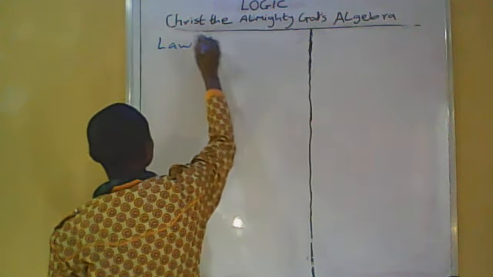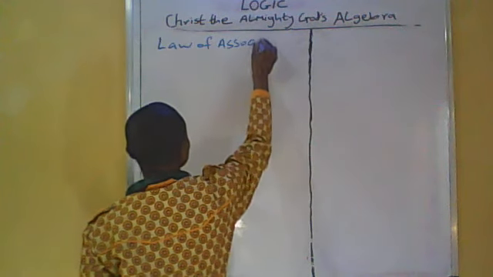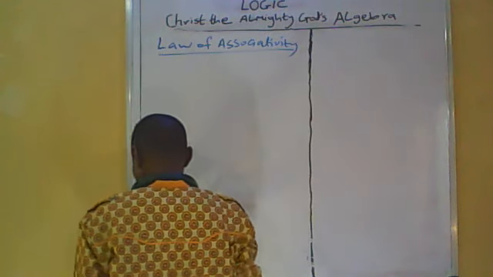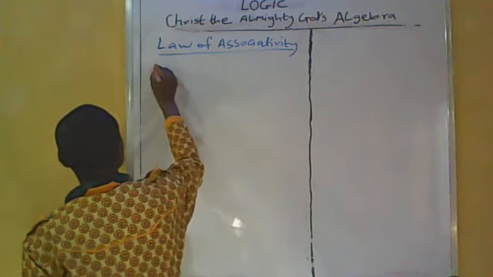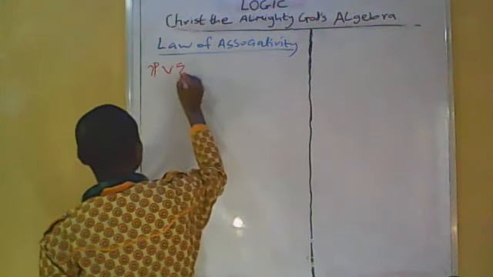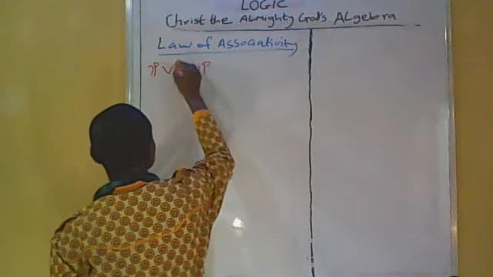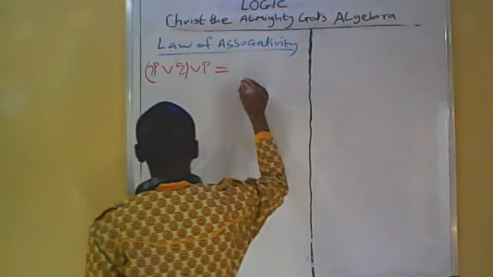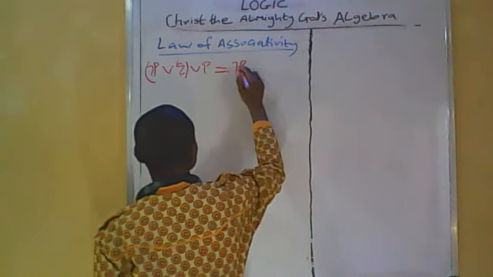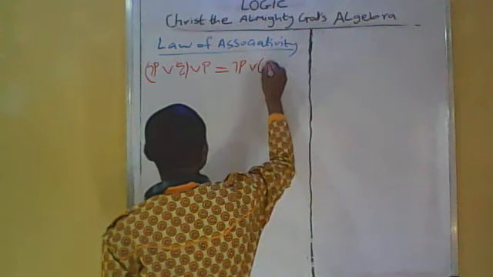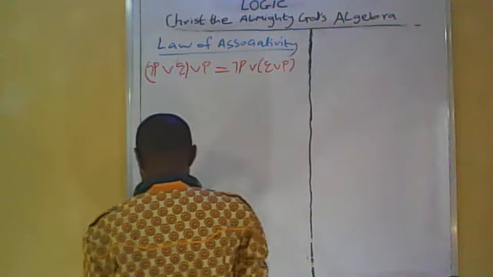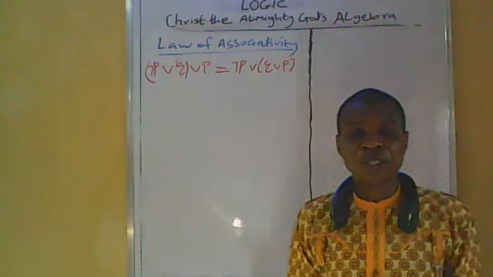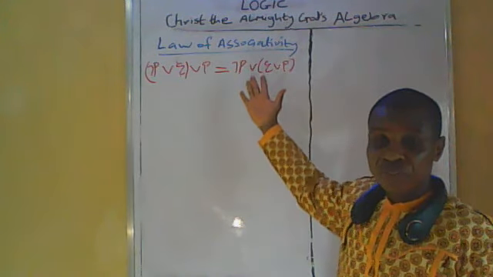Law of associativity. Not P or Q or P is equal to not P or bracket Q or P. This is an example of law of associativity.